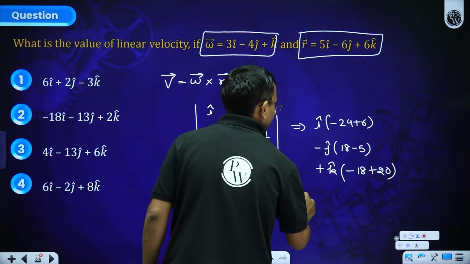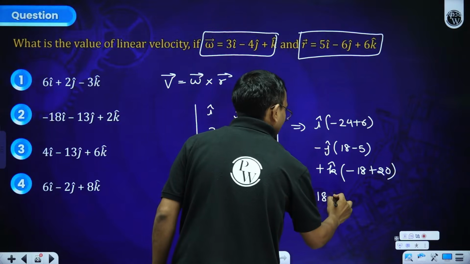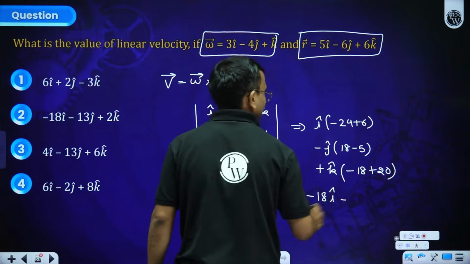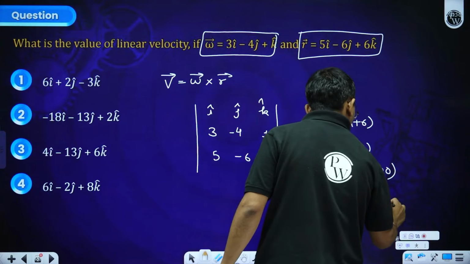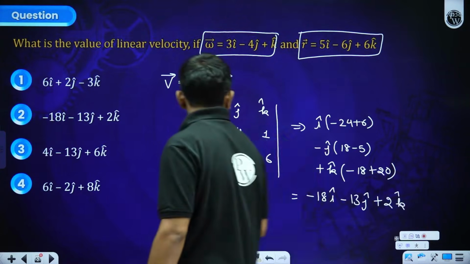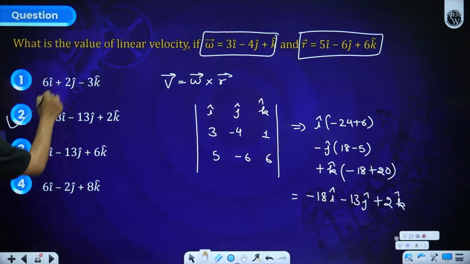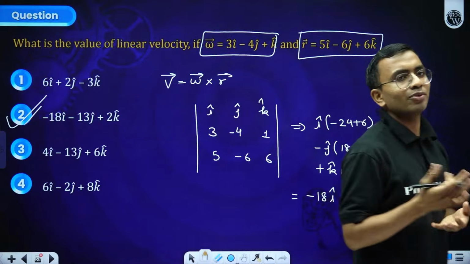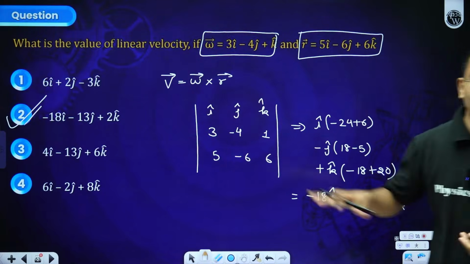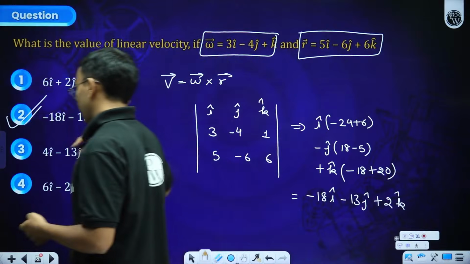So this comes out to be minus 18 i cap minus 13 j cap plus 2 k cap. Yes, taking the cross product, you have to draw the matrix, then only you can find the determinant of that matrix. That is the standard method of taking the cross product.